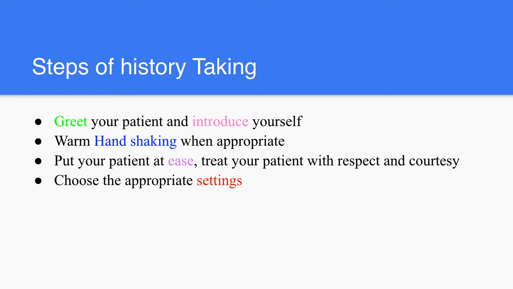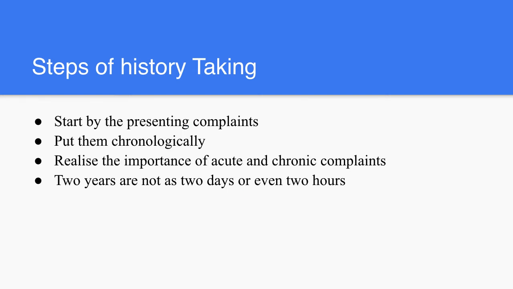So, steps in taking history. We should always start by the personal history. And by personal history, we mean the patient's name, age, sex, residence, occupation, if he has got any traveling history, and his social status, whether he's married or single.